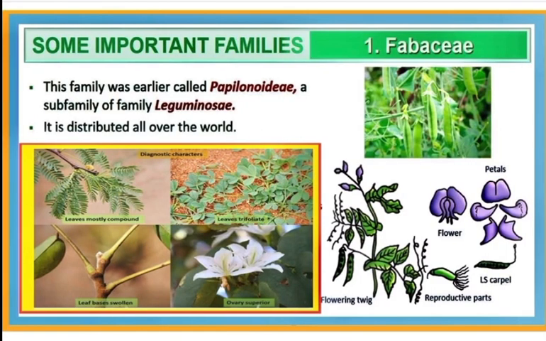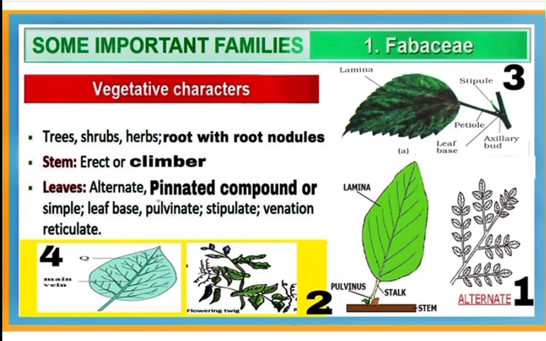This family was earlier called Papilionoideae, a subfamily of family Leguminosae. This family is distributed all over the world. Let us see the vegetative characters of the plants belonging to the family Fabaceae. They may be trees, shrubs or herbs, and roots are with root nodules.